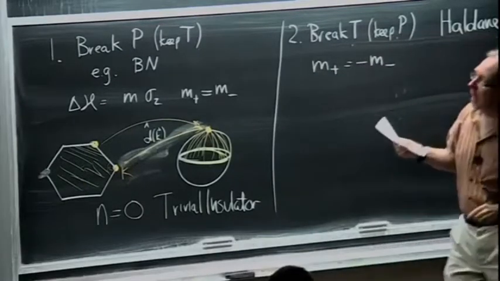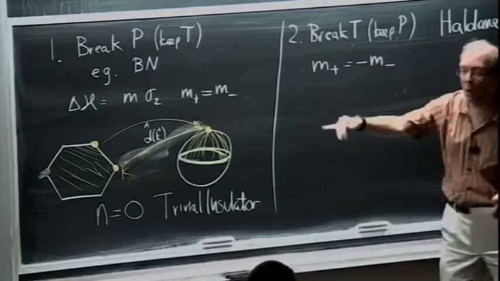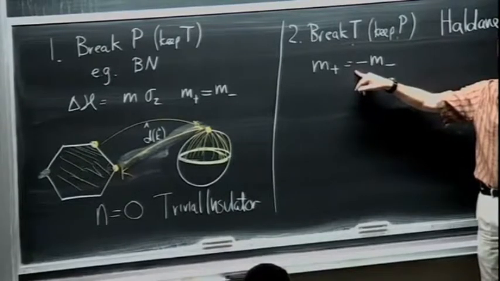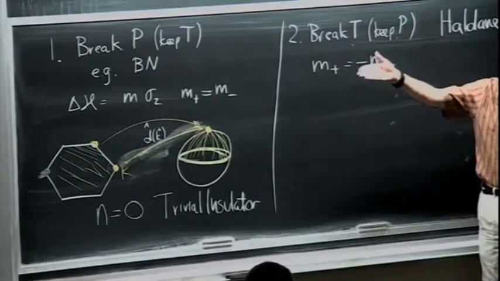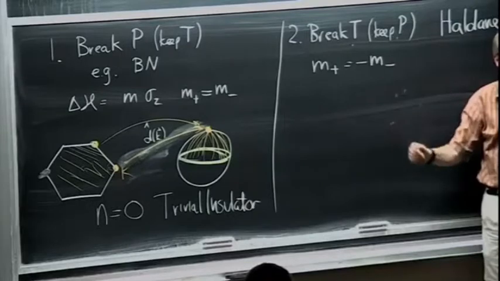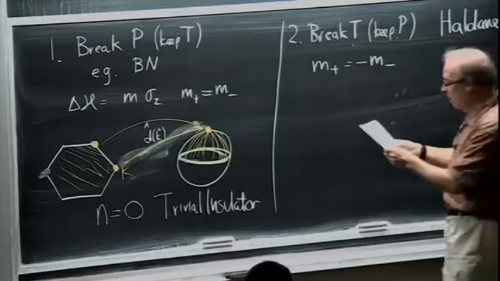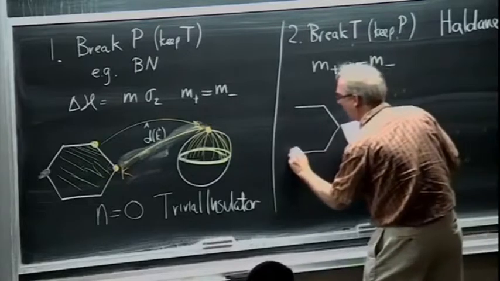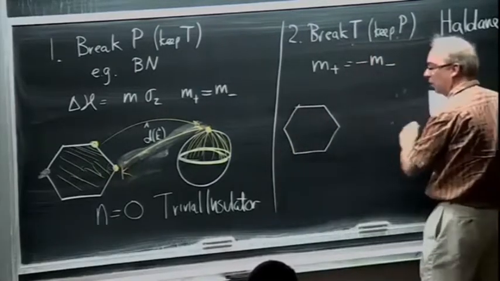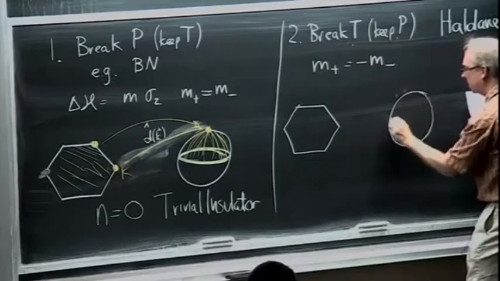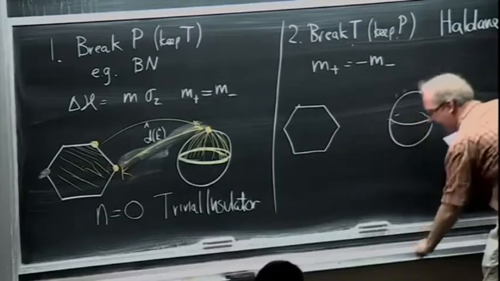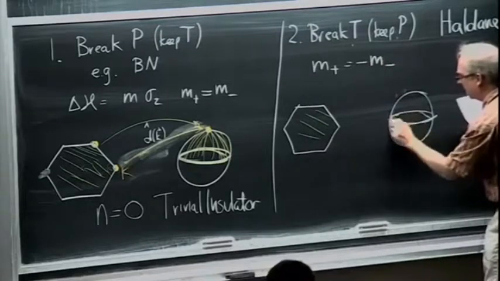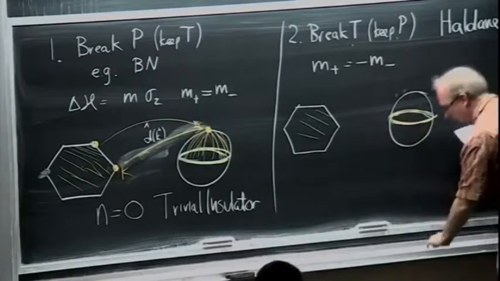Okay, and there's no reason, once we've broken time reversal symmetry, that this mass has to be equal to 0. In fact, it's not 0 if you do this tight binding model. So what happens now if I think about mapping my Brillouin zone to the sphere? Again, most of the interior gets mapped to the equator.